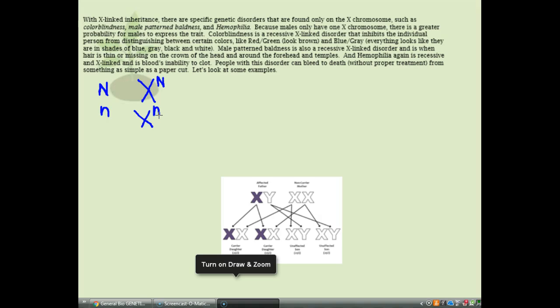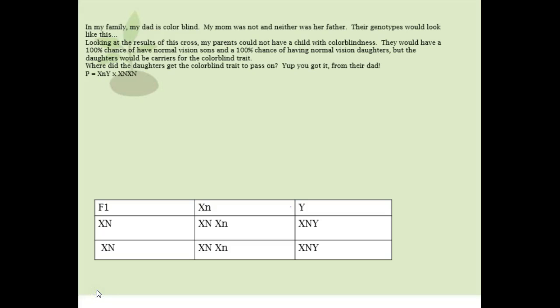So in the example that I have here, I use my family. My dad was colorblind. We had so much fun with him.